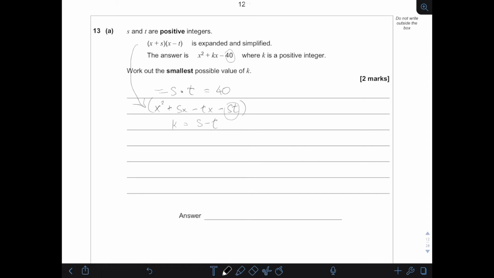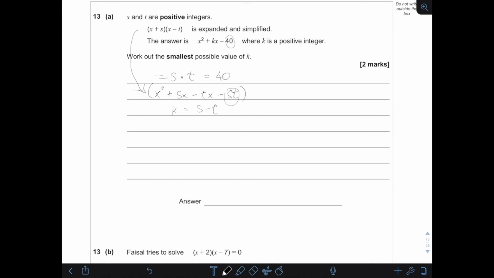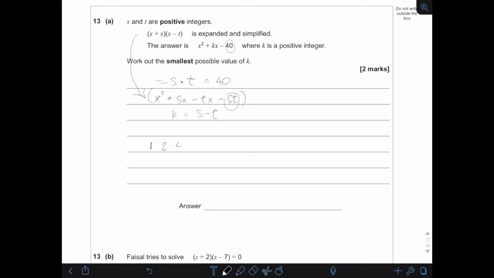So if that all makes sense, we need to figure out what we can make s and t to be as close to each other as possible. So what we do systematically is list all the factors of 40. So we have 1, 2, 4, 5, 8, we have 10 as well, I think.